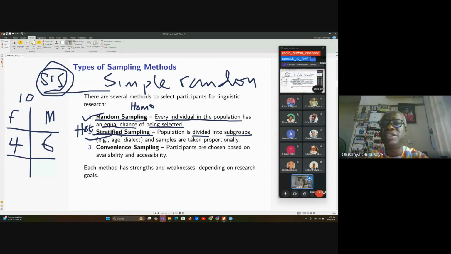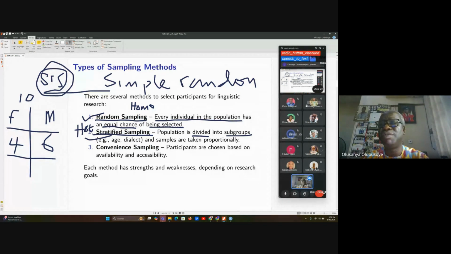It could be by age, the older people separated from the younger people. It could also be by dialect. If we want to ensure equal representation in this class, we could group by gender.